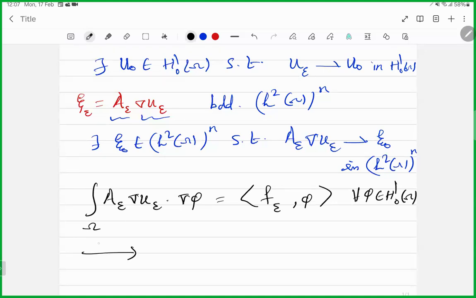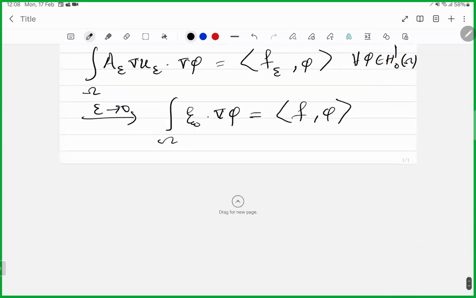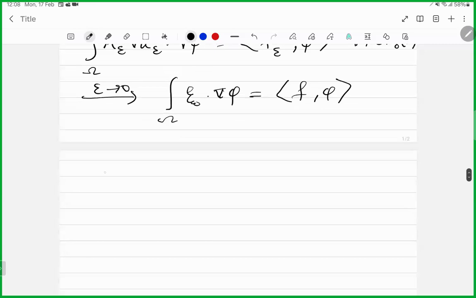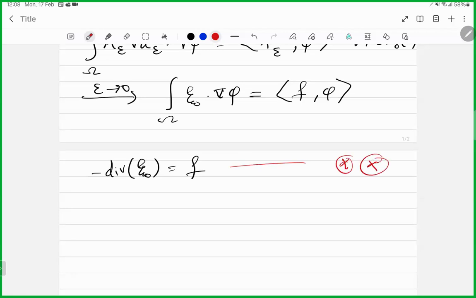As epsilon goes to 0, you actually have the integral of xi naught grad phi equal to f phi, which gives us the equation. Let's call this equation double star.